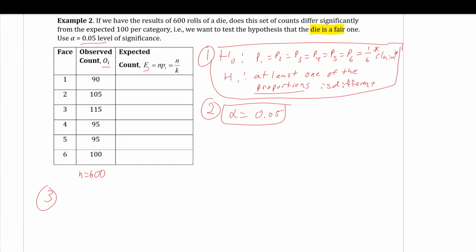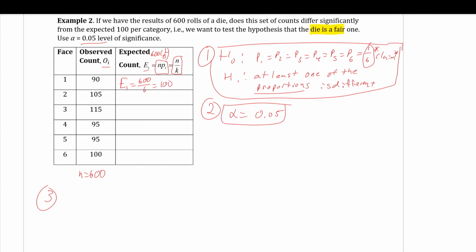Okay. So again, what's the expected value here? Since we have all the same sides, E1 would just be essentially n over k, which is 600 over 6, which is the number of categories, right? You can also use this formula here. That would be 600, and what would be p? Well, that's 1 in 6, right, from over here. 600 times 1 in 6 is the same thing as 100, right? So either way, you'll get 100.